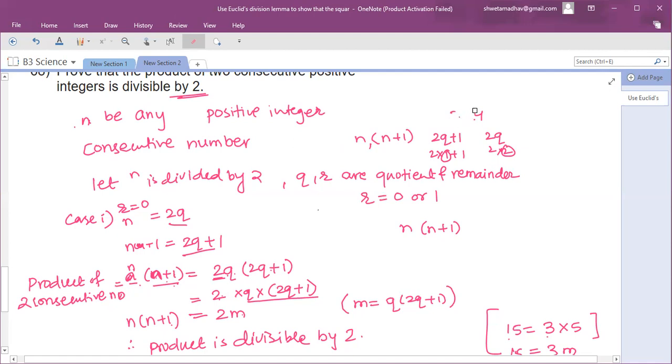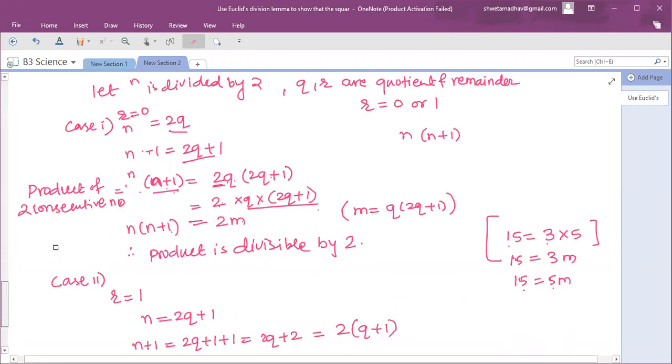Ma'am, we have to do the next question by the same method, right? In the 70th question, we have to do the same thing we did in question number 66.